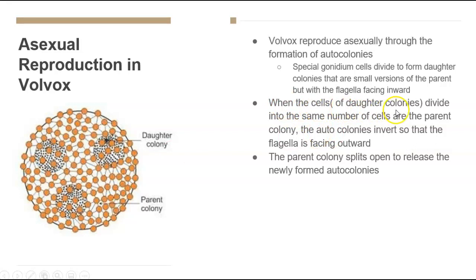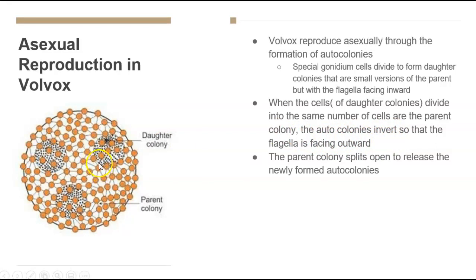When the cells of the daughter colony divide into the same number of cells as the parent colony, so basically when they're large enough and there's enough cells on that daughter colony, the flagella is going to become inverted. It is going to invert and face outwards.